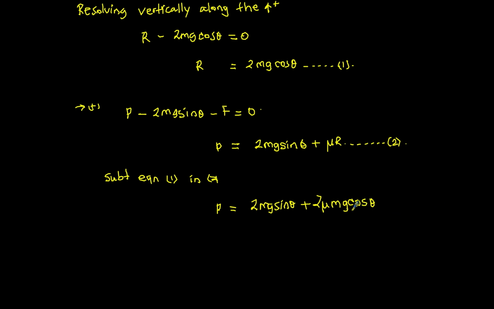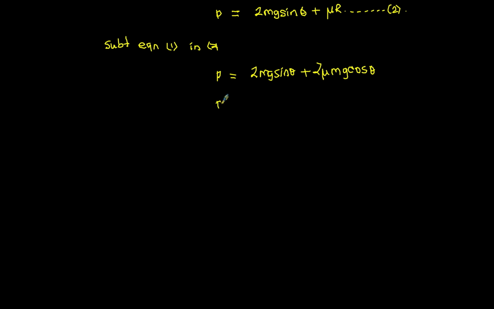Now we look at what is common and we factor it out. The common factors here are 2 mg, into sine theta plus mu cos theta.